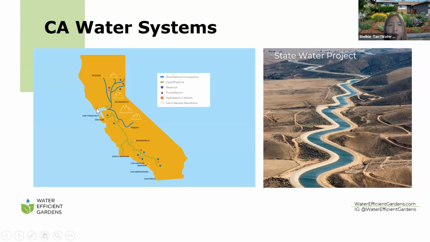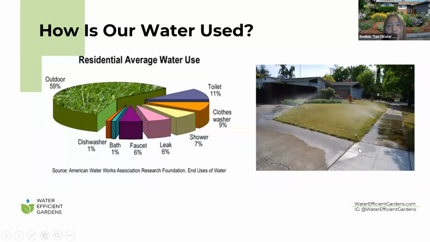So when you think about it, all that snow water travels hundreds of miles, but then we use over half of that just to keep the lawn green. That just doesn't make too much sense. That water can really be saved for much more essential use.